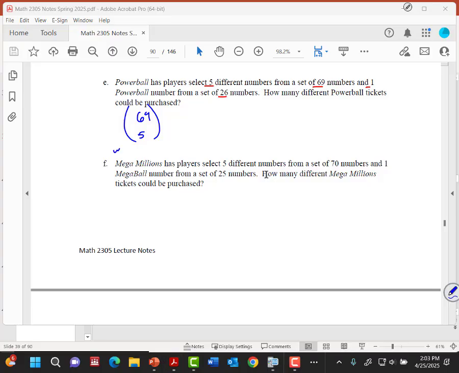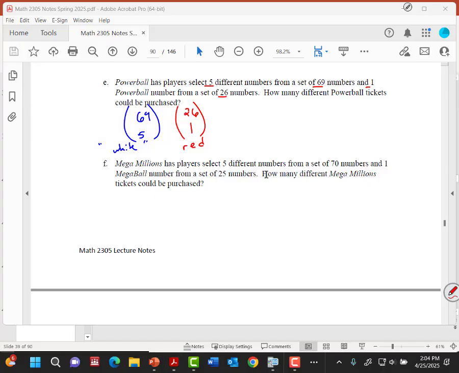Pretend they're some color. For instance, let's just say that they're white. Okay? But then I'm not done. I still have one other step in order to count the number of tickets that could be purchased. Now, from the 26, I guess you could call them red Powerballs, I have to select one of them.